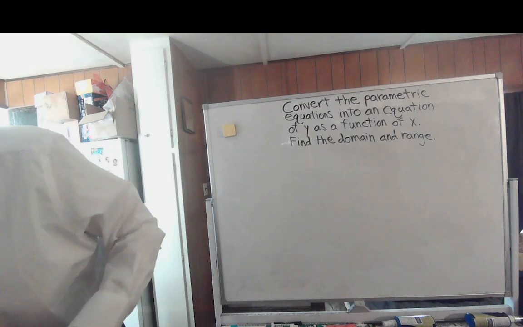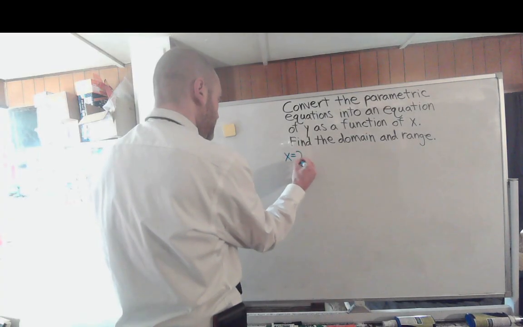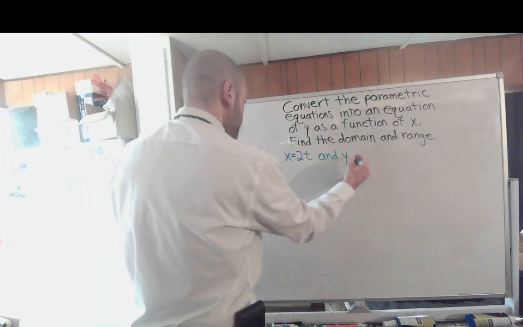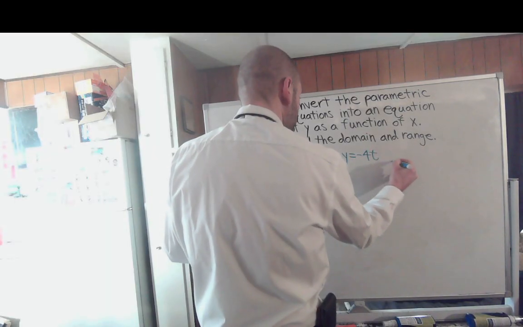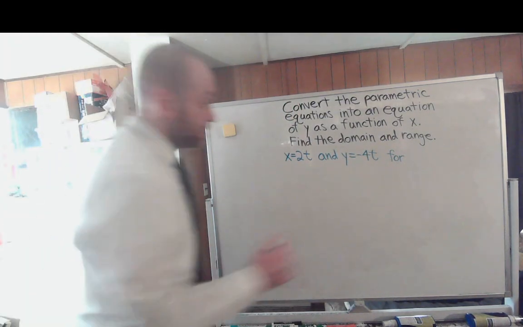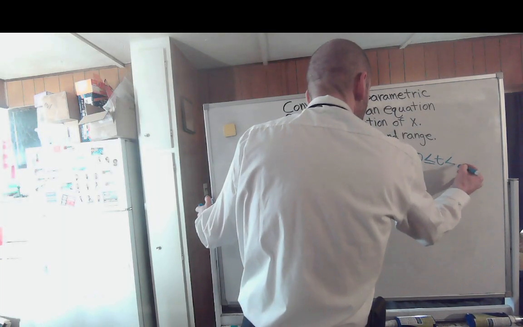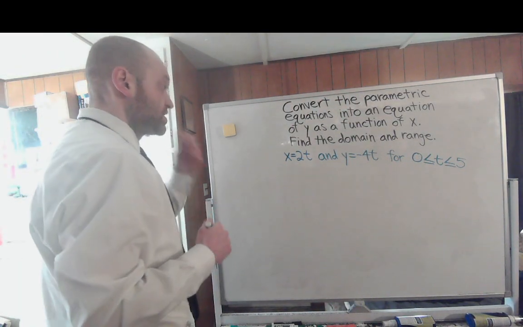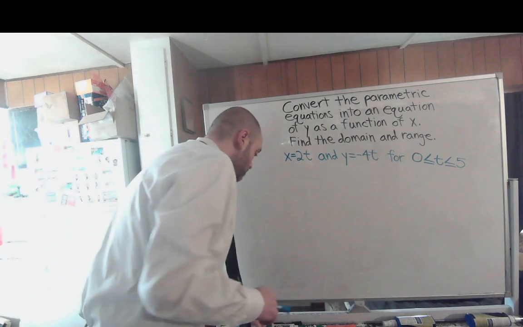So we have x equals 2t and y equals negative 4t for 0 is less than t, which is less than or equal to 5. Alright, so how are we going to do this?